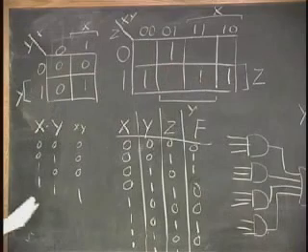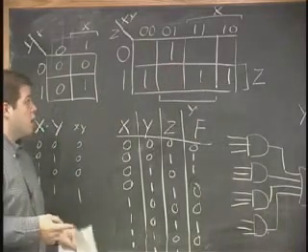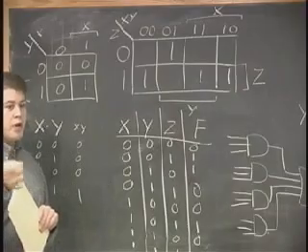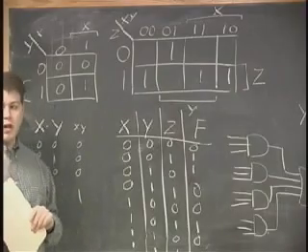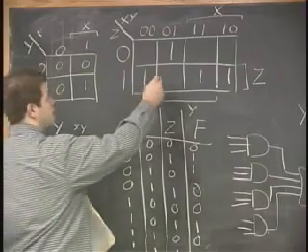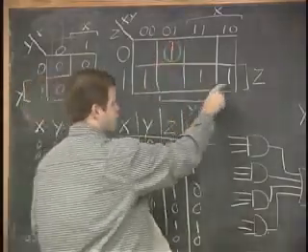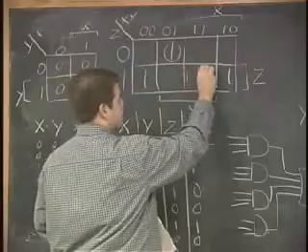Now, the next step is we draw a circle around our adjacent 1s. So this one is by itself, so it gets a single circle. These 2 are next to each other.